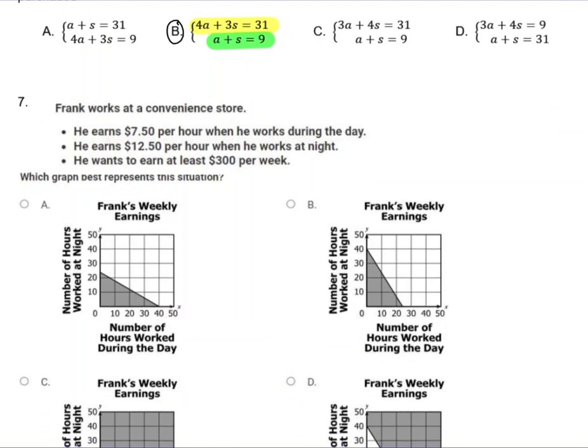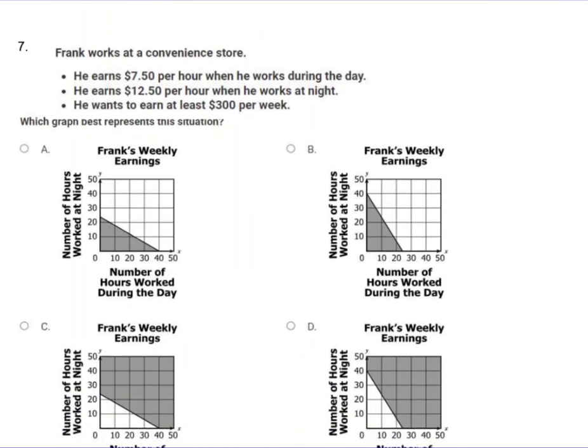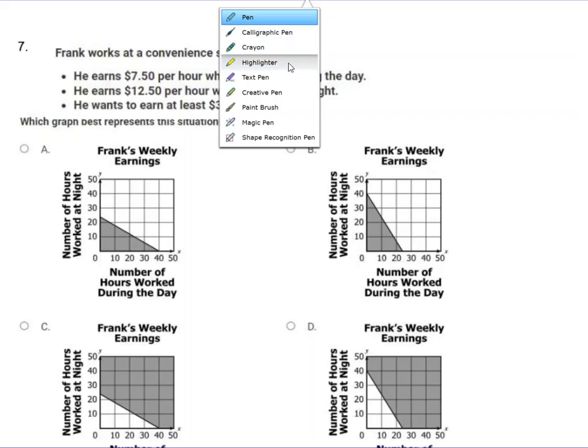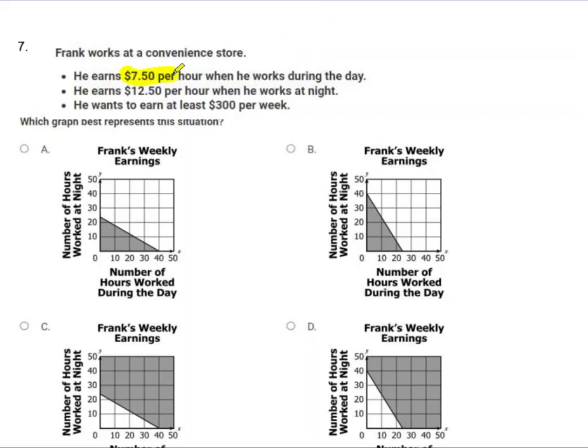All right, the last one here says that Frank works at a convenience store. He earns $7.50 per hour to work the daytime shift. So it looks like it's $7.50 for the daytime. You can see that the x-axis looks at the daytime in all of my answer choices right here.